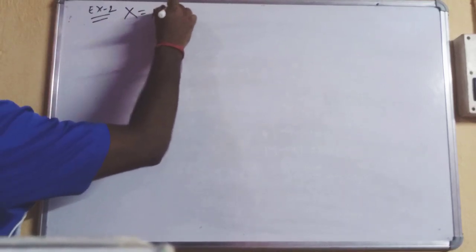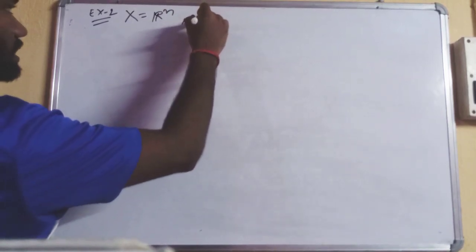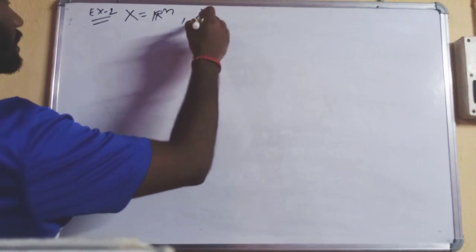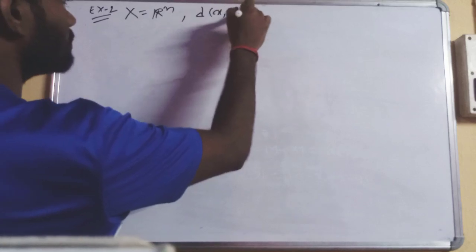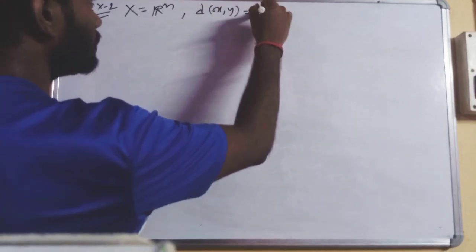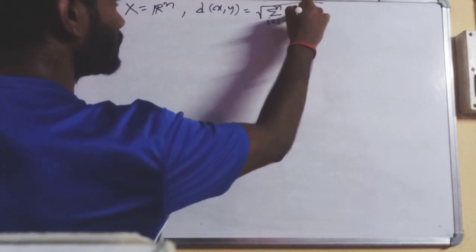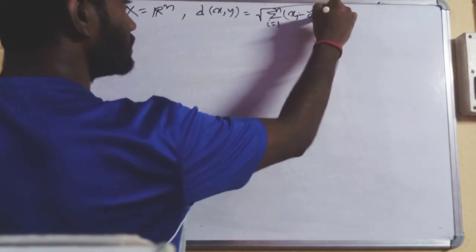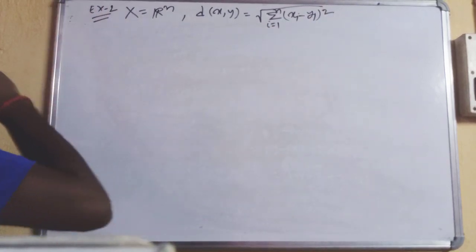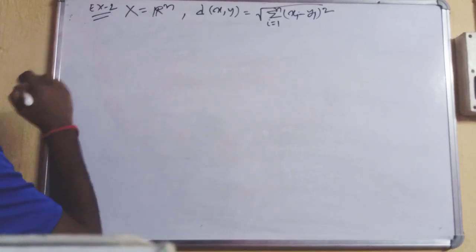Example number 2, if X is Euclidean space of n-tuples and d is the metric defined on it by d(x,y) equals the square root of the summation over i equals 1 to n of (xi minus yi) squared. This is a metric on Rn.